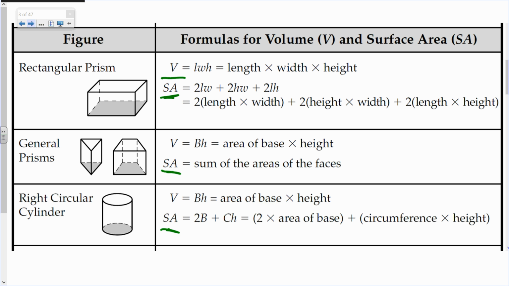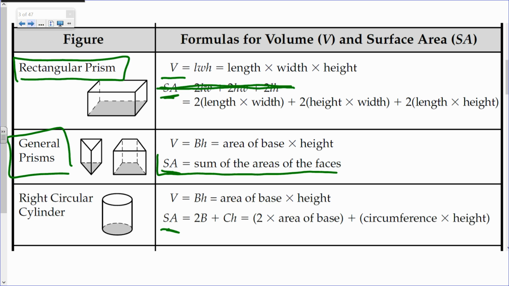Notice they got a rectangular prism, and they got a general prism, like just any kind of prism. What I want you to do on your reference sheet, Novato, is cross out this surface area formula because it's just unnecessarily cluttering and confusing. So cross this one out and box this one.